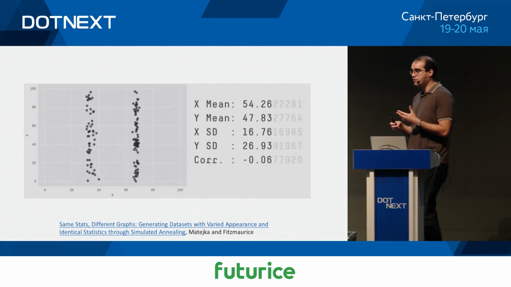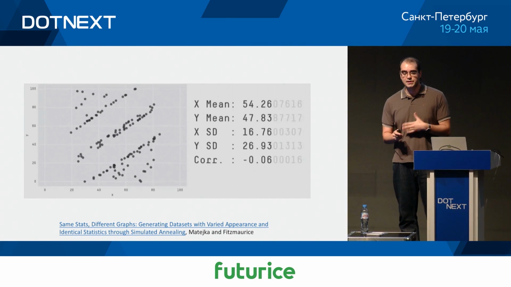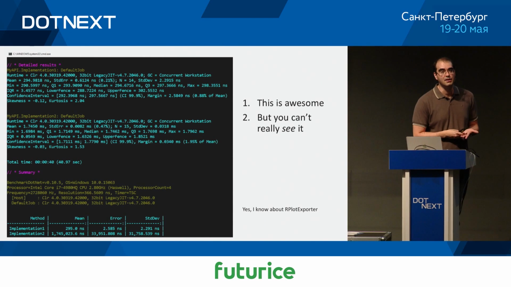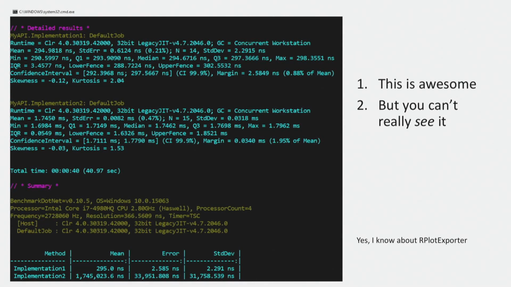Now, I don't want to pick on anyone here, but this is from a very popular library that I love and use every day, well, almost every day, called BenchmarkDotNet, which I'm sure a lot of you have used and heard about. It is great and awesome, but it doesn't show you the data. At least, by default, when you run it in the default console mode, it prints out a lot of numbers.